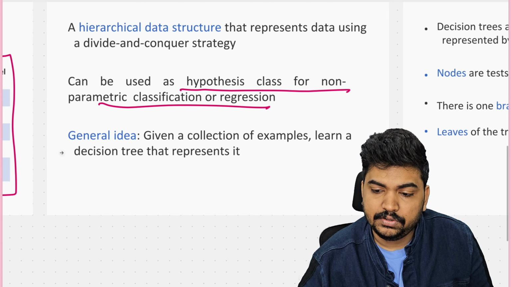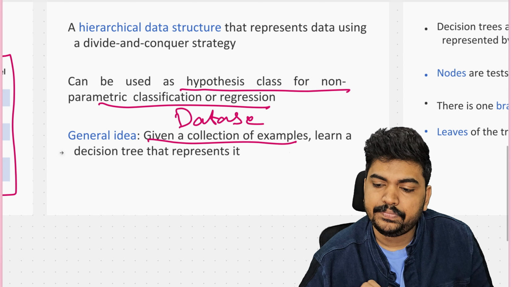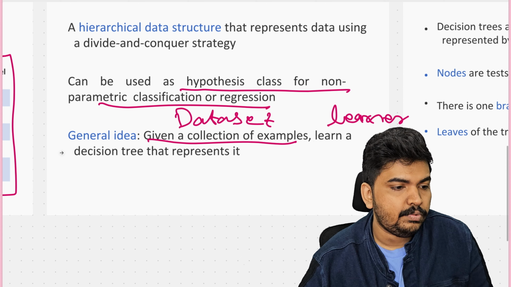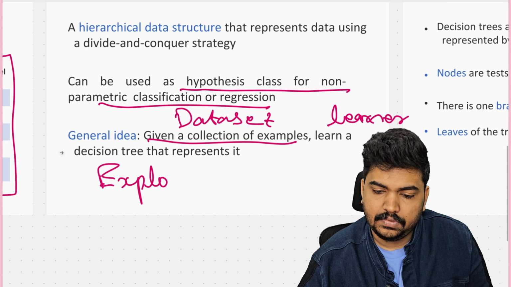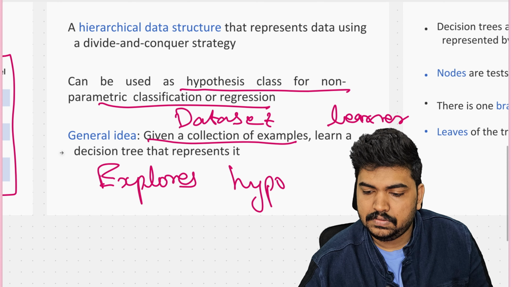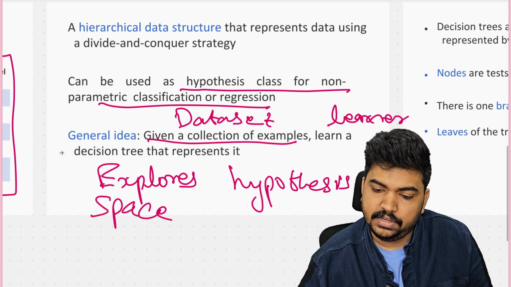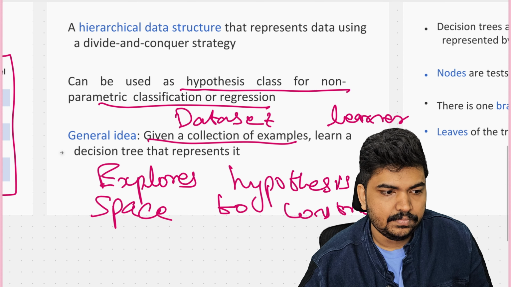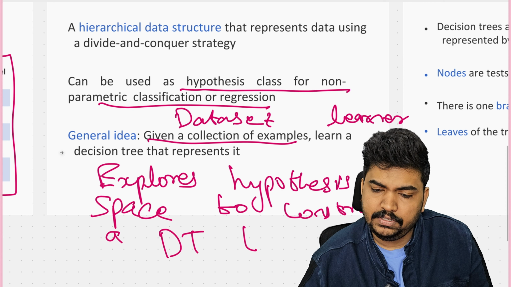So given a data set, what does a learner do? It explores the hypothesis space to construct a decision tree that fits the data set.